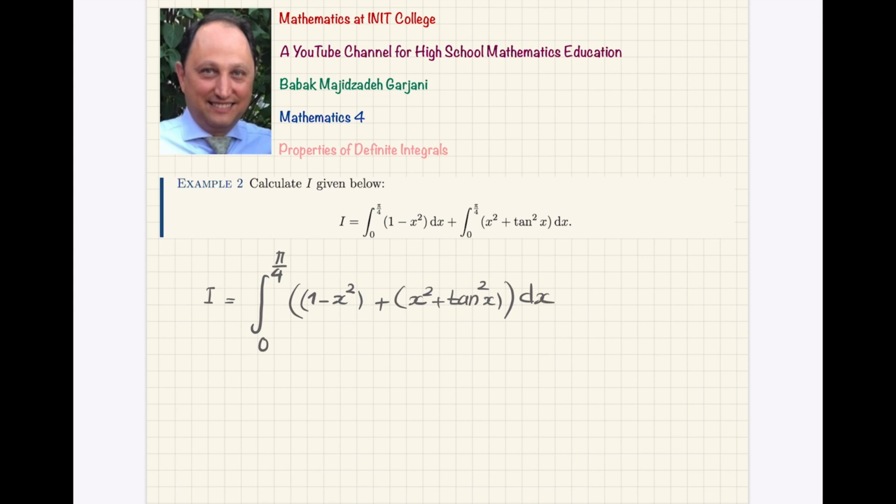This is today's lesson. This tells you that I can combine these two integrals into one integral. What is the benefit behind that is because this minus x squared and this positive x squared now are cancelled. So what is left for me is from 0 to pi over 4, 1 plus tangent squared x. Yes?